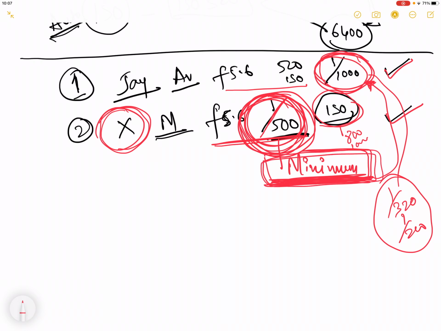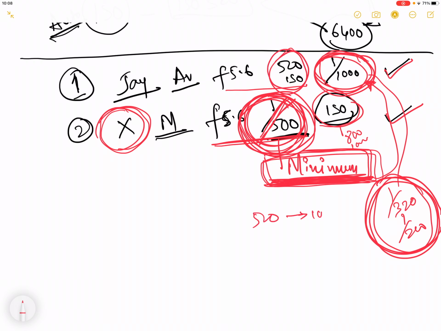So while there is an advantage of setting a minimum, there is also a disadvantage that you will never go beyond that number. Whereas Jayant, who keeps an eye on his shutter speed, knows that when the shutter speed has gone to 1 by 320th or 200th of a second, it's time for me to look at my ISO. Maybe 500 was not enough.